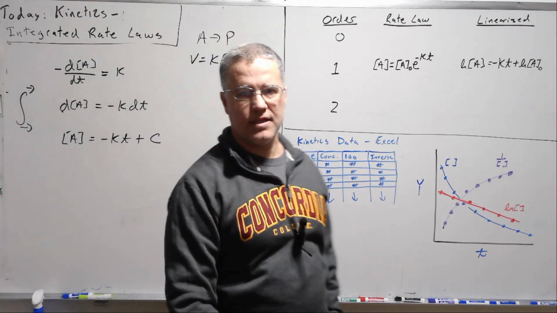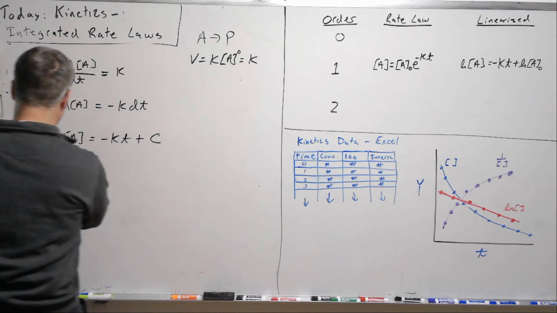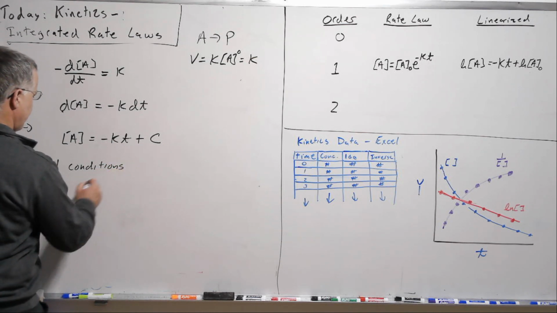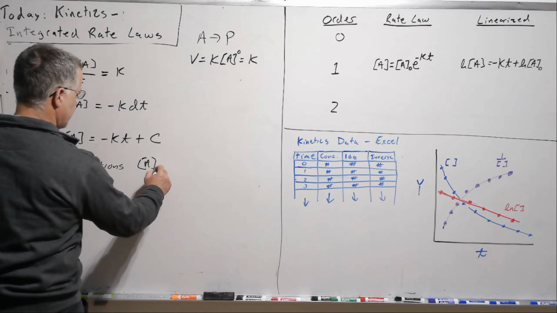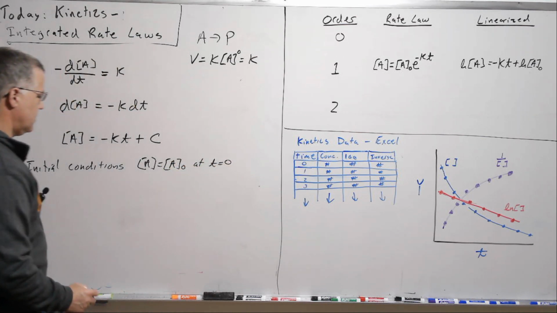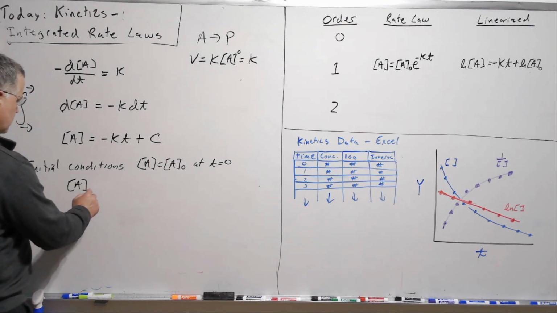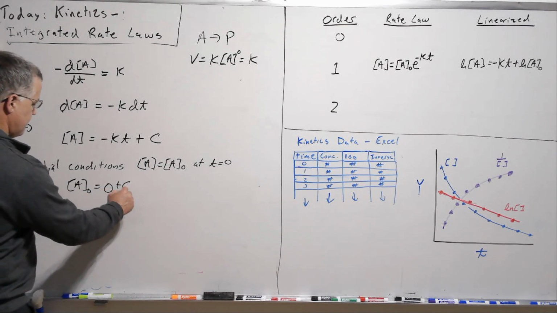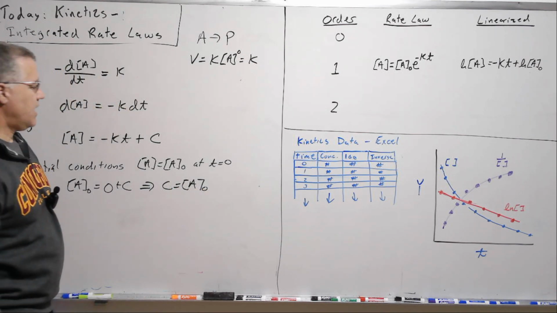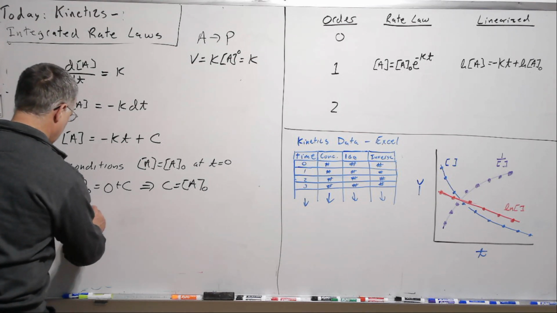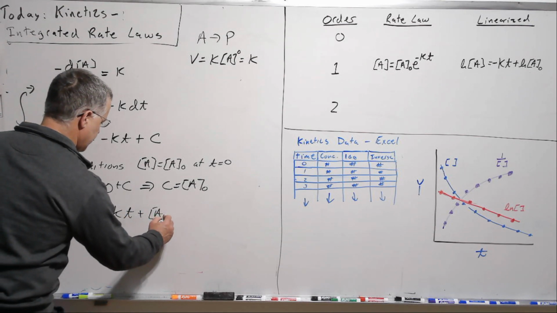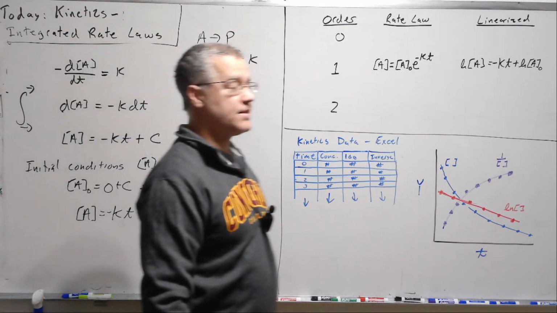All right. Let's get the initial conditions. So we get this equals A naught. And our final form, which is already linear, or which is still linear, is like this.